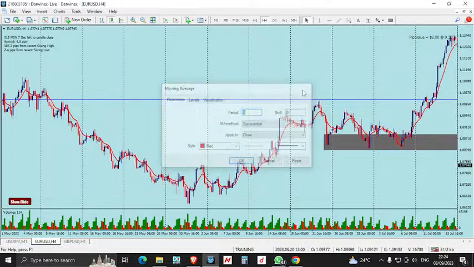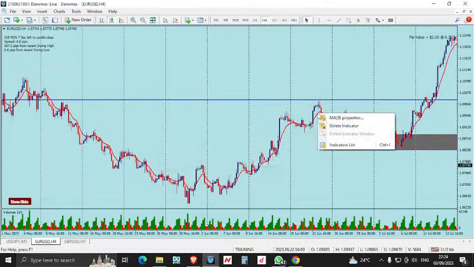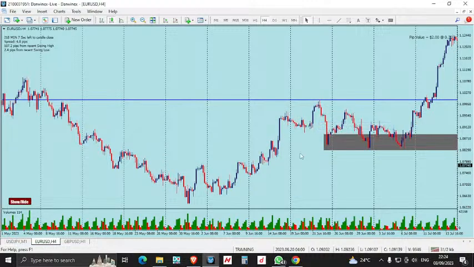That is how professionals trade. Okay, let me remove the moving average and concentrate on the 4 hours now. This is an area of value here. So we go down to 1 hour to check what is happening, having drawn our demand zone, which we can call the support zone.